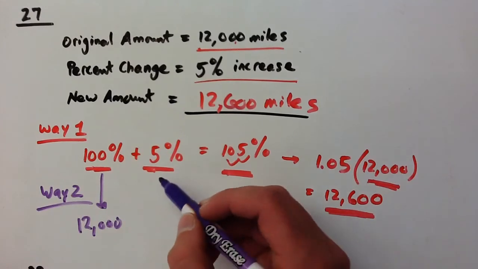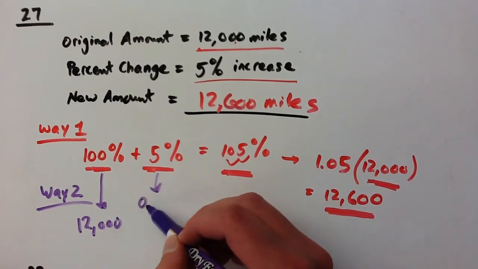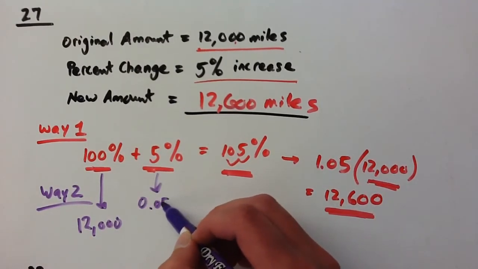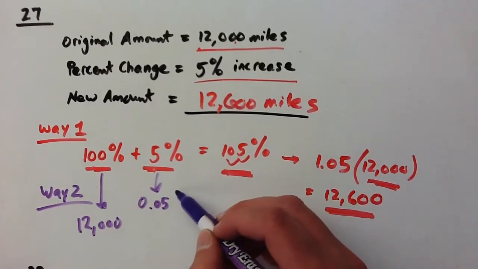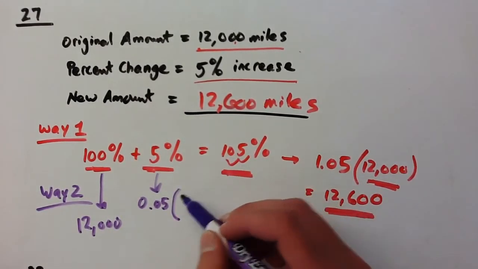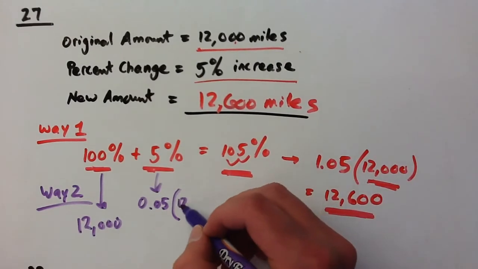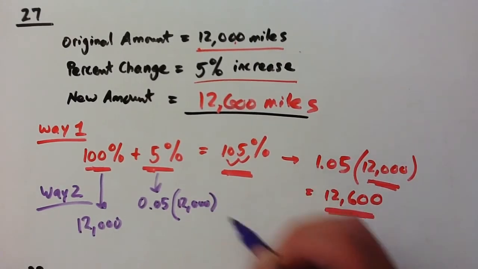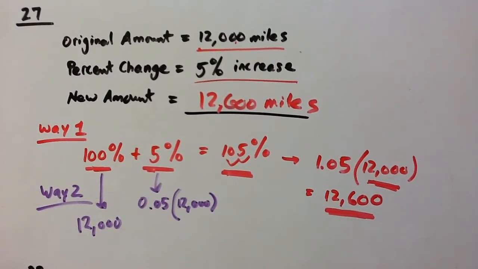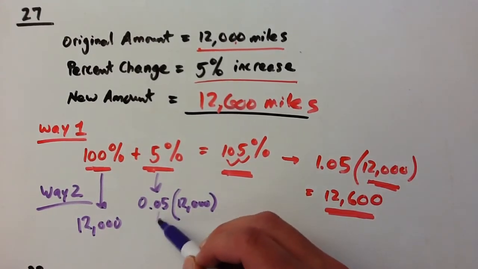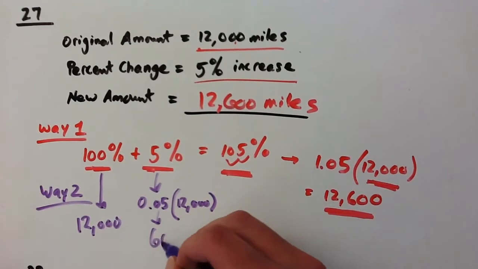So I have 5%, or in decimal form it's 0.05, 5% of, or times, the original amount of 12,000. What is 5% of 12,000? If you put this in your calculator, 0.05 times 12,000, you will get 600.